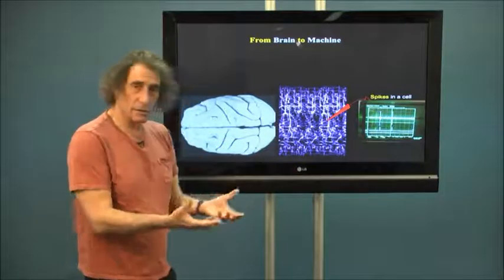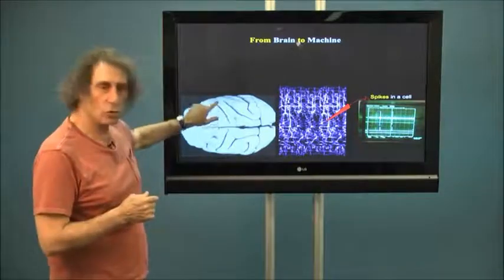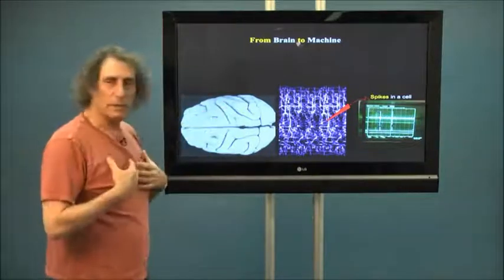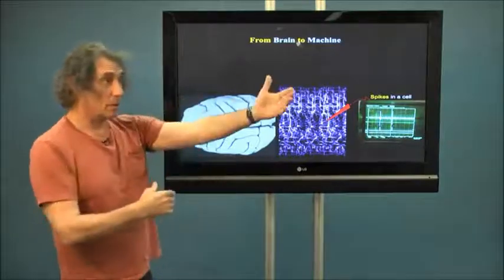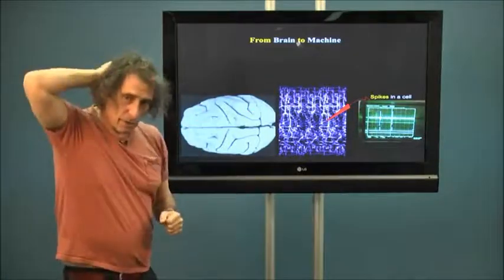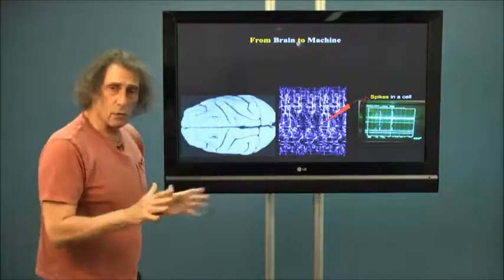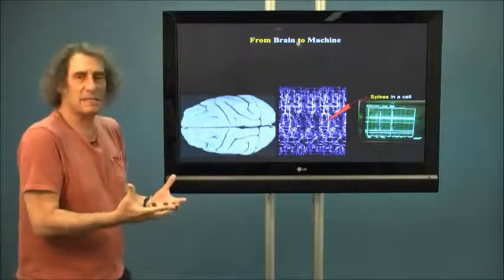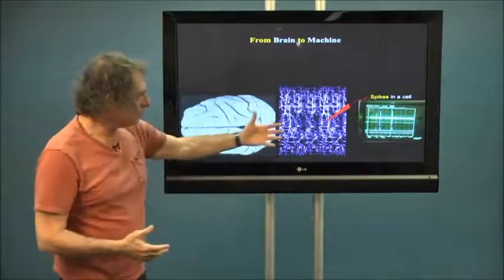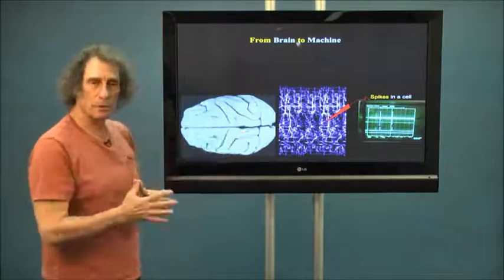So all these spikes stand for a particular movement, if this is in the motor cortex, or a particular feeling, if this is in other regions, or a particular picture, if it is in my visual cortex. The common language that we shall talk a lot about are these spikes. And so the brain is using spikes to represent the world.